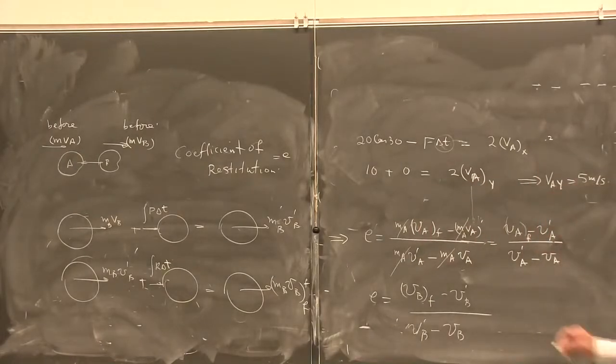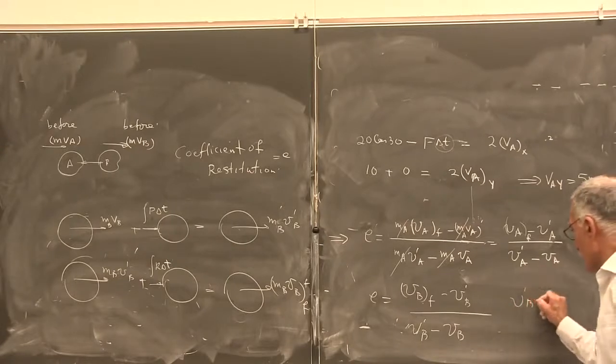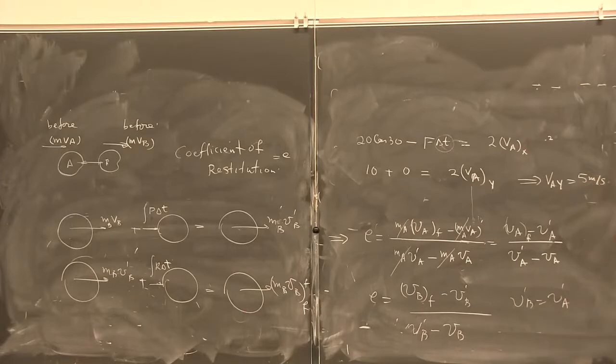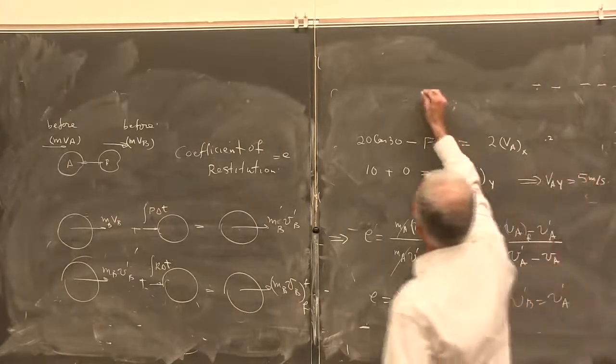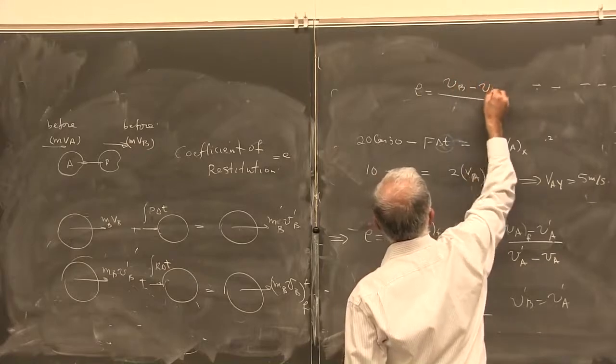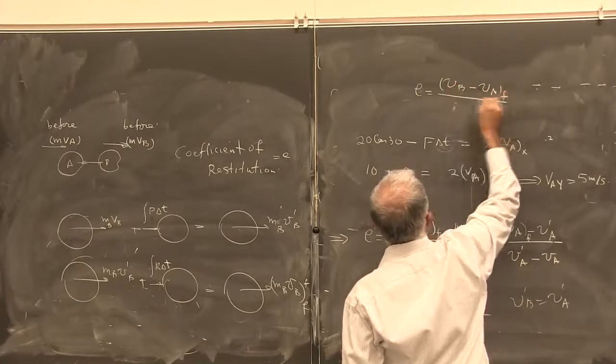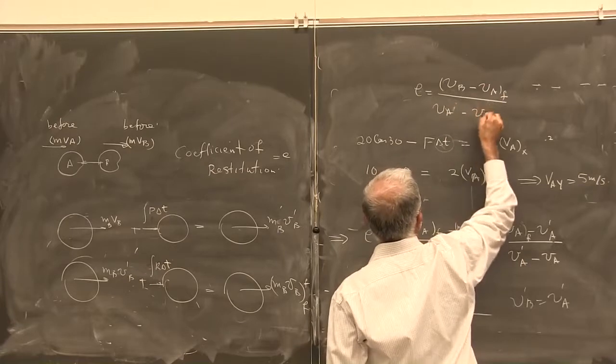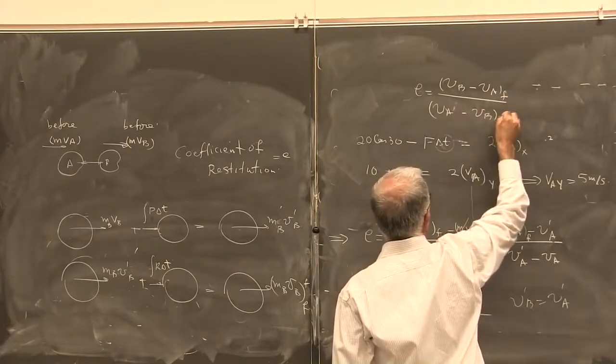And of course, we know that V prime B is the same as V prime A. If you eliminate V prime A and V prime B from these two equations, you get something that's called the coefficient of restitution, and that is E equal to VB final minus VA final, over VA minus VB initial.